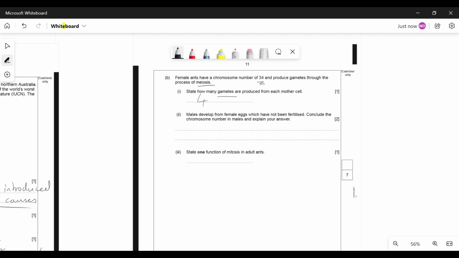Males develop from female eggs, which have not been fertilized. Conclude the chromosome number in males and explain your answer. If males are female eggs that haven't been fertilized, technically they're still gametes. And gametes have half of the number of chromosomes, so they would have 17 chromosomes, because that's the chromosome number in gametes.